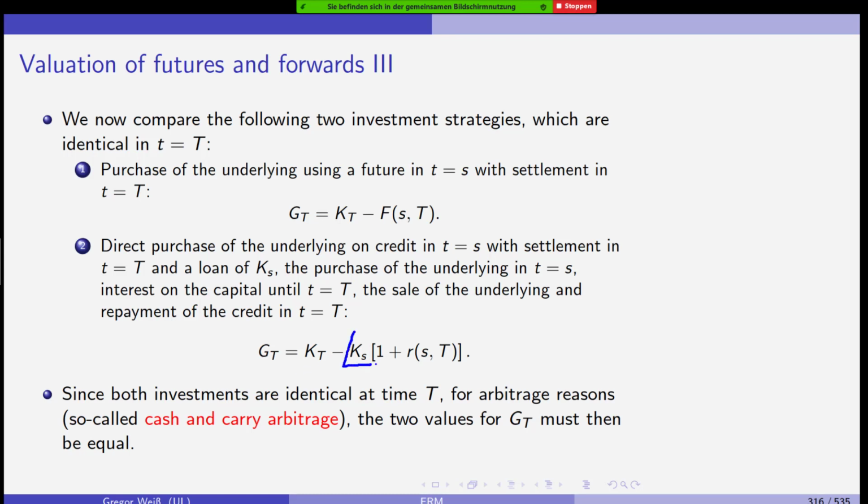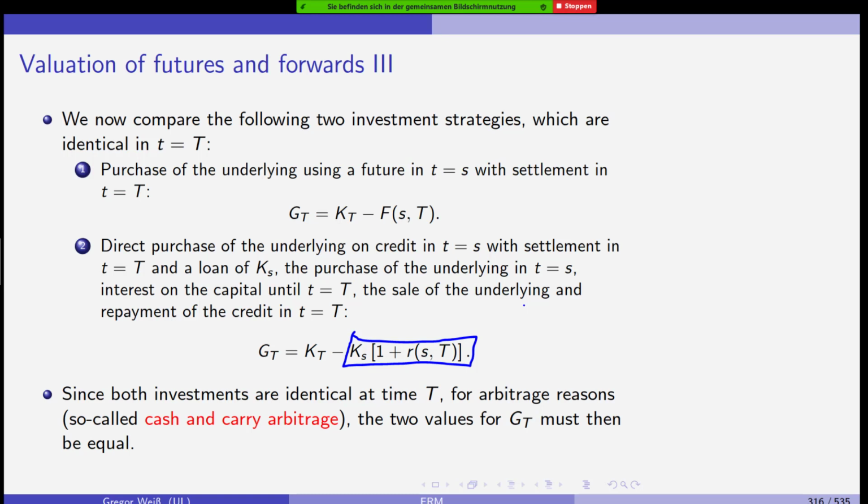We've taken up K_s as a loan, and we have to pay interest on that loan over the maturity of the contract. So 1 plus R is all of the interest payment that has piled up. So this is the profit or loss from the second strategy, in which we simply buy the underlying now and let it sit around until capital T.